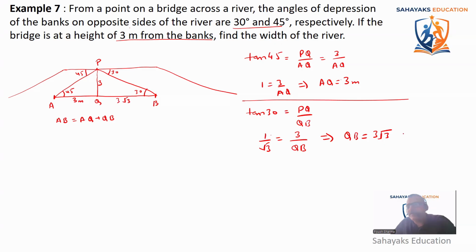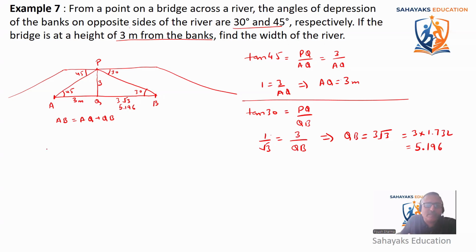Okay. So if we compute this value 3 root 3 by multiplying it by 1.732, so it comes as 3 into 1.732. So this value will come out to be 5.196.